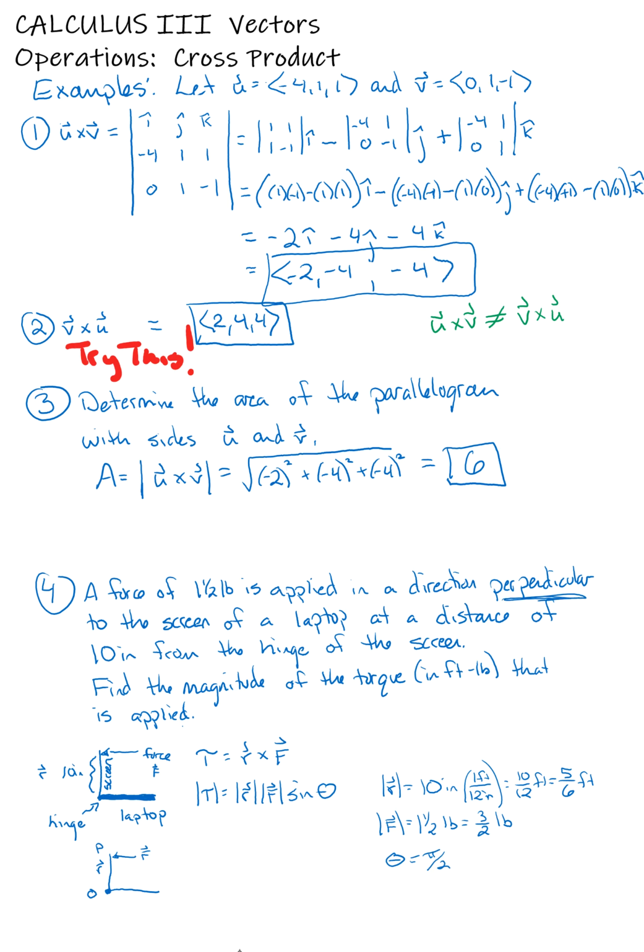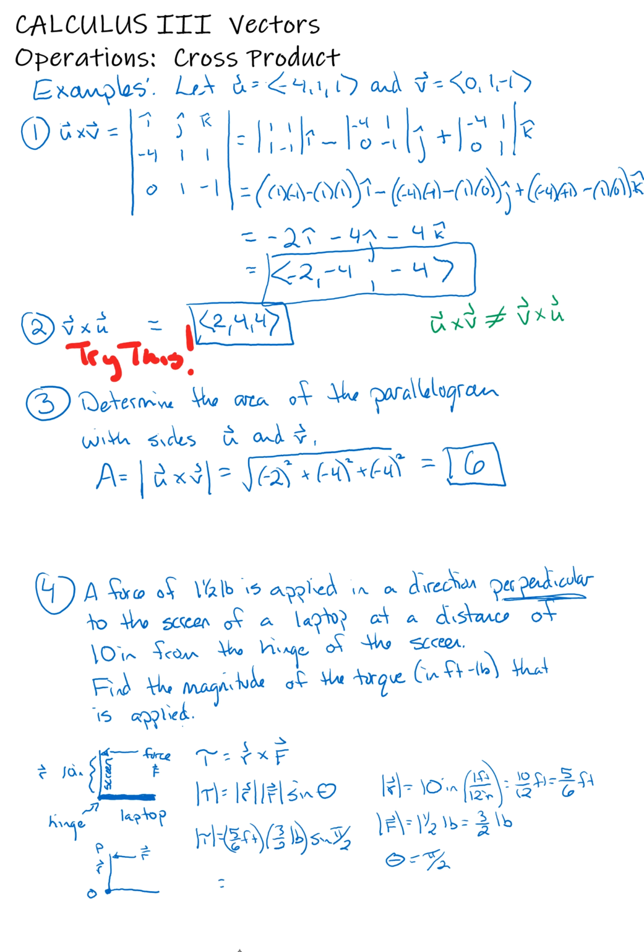All right, so now I think we're ready to find the magnitude of that torque. That's going to be 5/6, and that, by the way, is in feet, times our force, which is 3/2, that's our pounds, there's our foot-pounds, and then the sine of pi over 2.